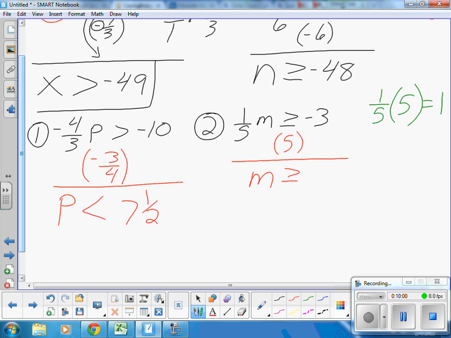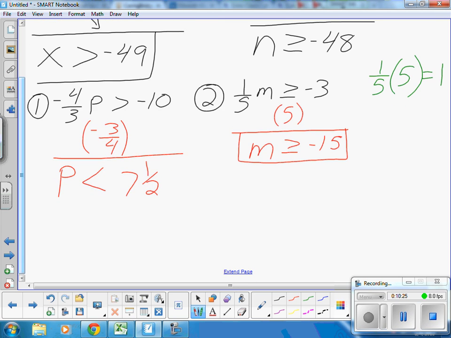Well, Mr. Altobelli, in the last problem, you reversed it. You're right, I did, because I multiplied by a negative 3/4. In this problem, I'm multiplying by a positive 5. And because I'm multiplying by a positive 5, the inequality remains the same. It does not reverse. And a negative 3 times 5 is a negative 15. So we get m is greater than or equal to a negative 15.